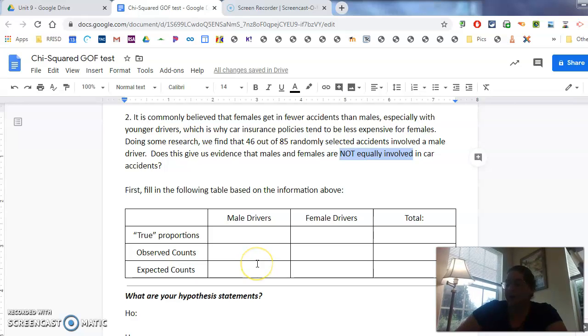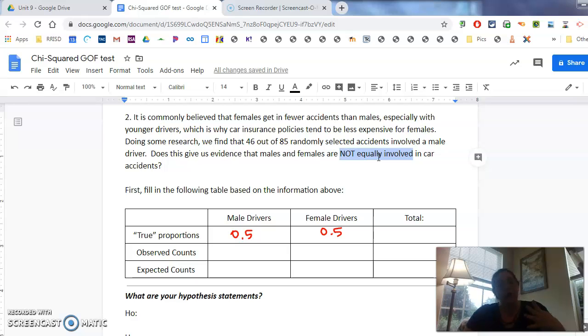Anytime a question is talking about whether something is equally spread out, our true proportions would basically be take my categories and divide them up evenly. Since we have 2 categories, my true proportions would be 0.5 and 0.5. If I had 3 categories and I'm testing about equalness, then my true proportions would be 0.33, 0.33, 0.33.